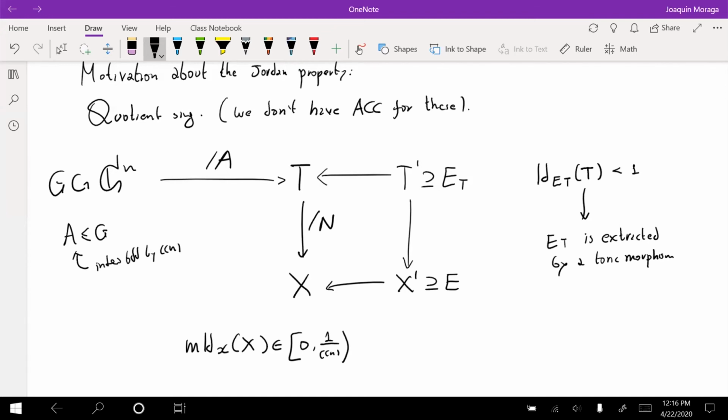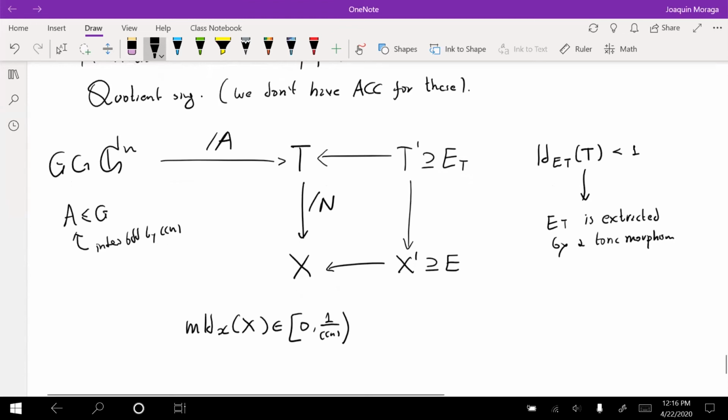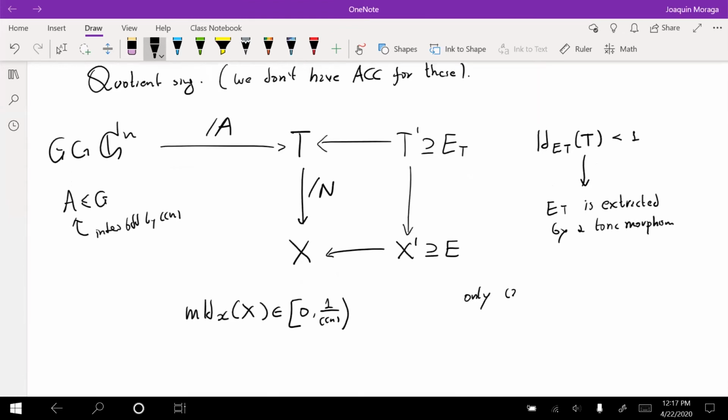And now, the only case in which the MLD can change is when some subgroup of N fixes E point-wise.